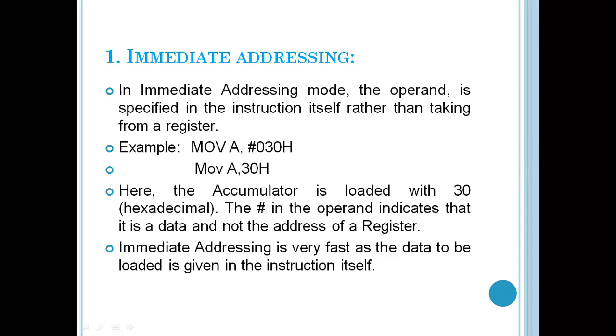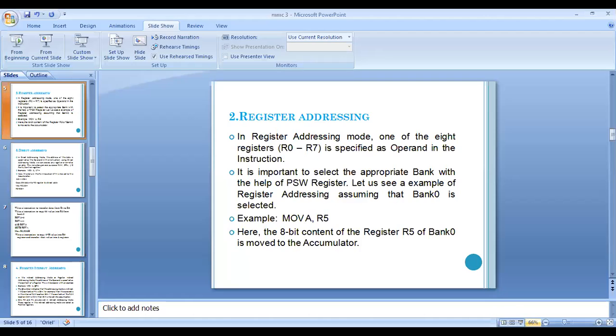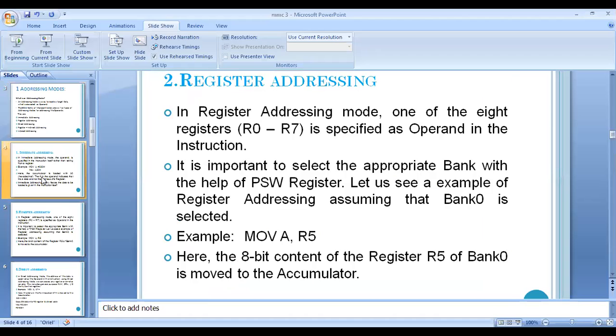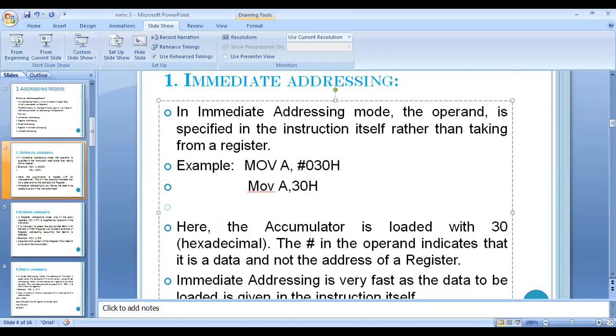If we compare the same addressing mode with the 8085, there we have separate instructions. If I write the same instruction in 8085, how can I write it? MVI A comma 30H.